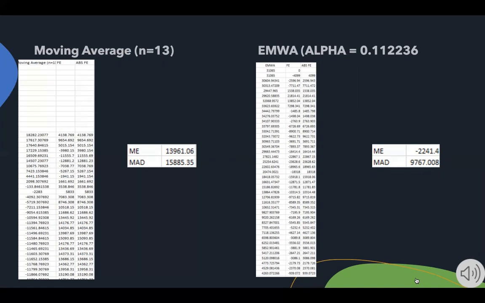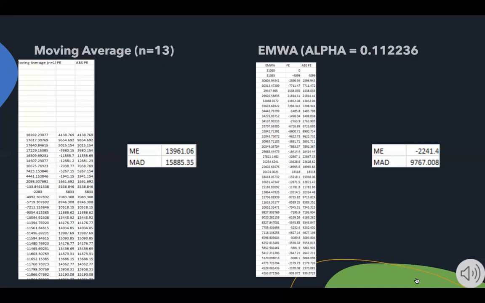With that, I decided to use EWMA next, and the alpha value that I used was the optimized alpha value that I got from Holt-Winters method. The ME was negative 2241.4 and the MAD was 9767. With this forecasting method, it made a drastic difference from moving average, because the ME and the MAD were much closer to 0.